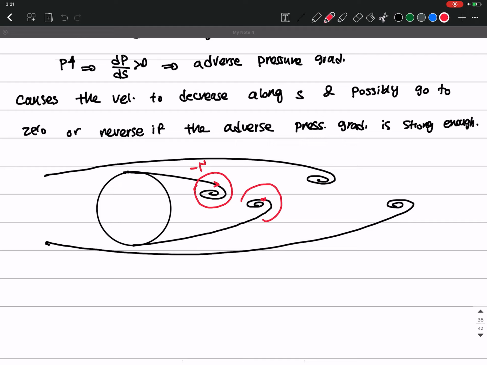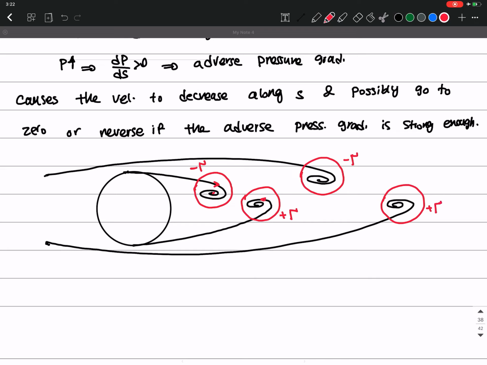So you're going to have a positive circulation. Again, here is a negative one. So we have to have all these vortices. So the total circulation in the system, the sum of that is going to be zero. It's going to be positive one.